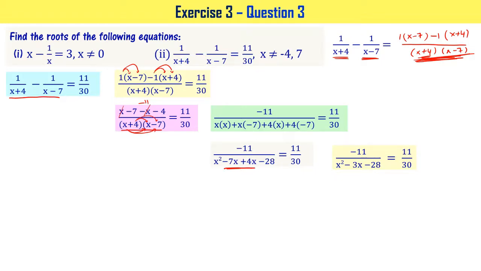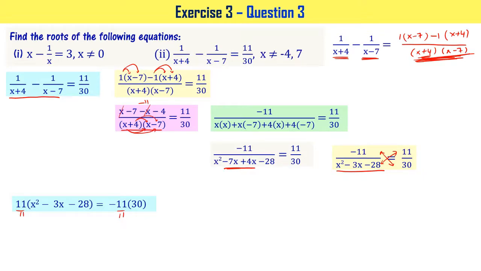Now let's do the cross multiplication. You are going to multiply minus 11 and 30, that is equal to 11 times (x square minus 3x minus 28), right? Let's write that. Look at this. I have 11 here, I have 11 here. Of course, here minus 11, but I can cancel both the sides by dividing with 11.